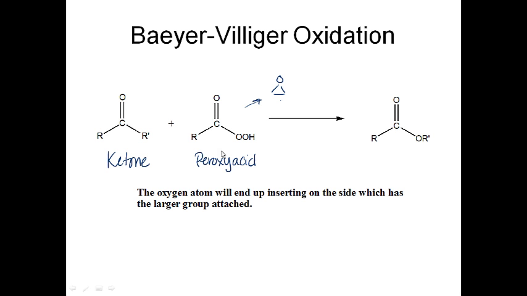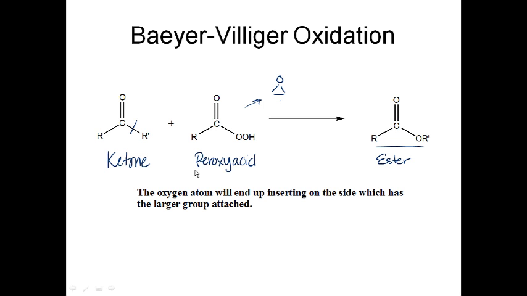If we react a peroxy acid with a ketone, we actually insert an oxygen between the carbonyl carbon and the alkyl carbon bond, so that we basically form an ester. And it turns out that the rule for selection is that the oxygen atom ends up inserting on the side which has the larger group attached.